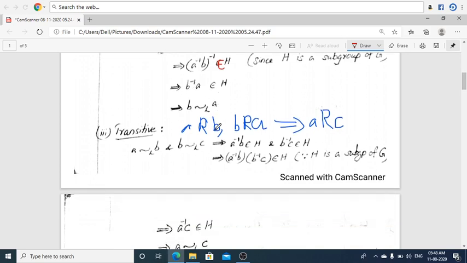Next, the transitive property. Prove a related to b and b related to c; then we want to prove that a is related to c. So a ~L b and b ~L c.